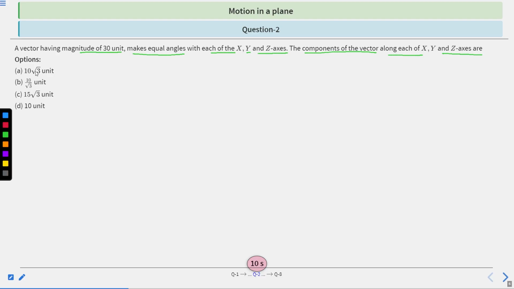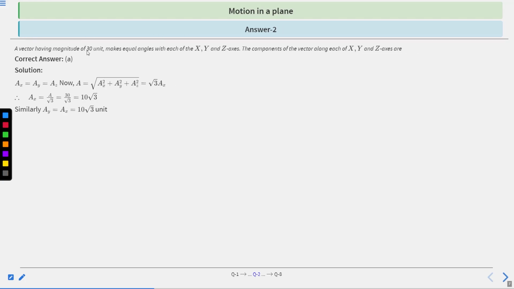A: 10 under root 3 unit, B: 10 under root 3 unit, C: 15 under root 3 unit, and D option is 10 unit. So which option is correct? You have 10 seconds to solve this question. After that, we will provide the solution. Let's find the solution.